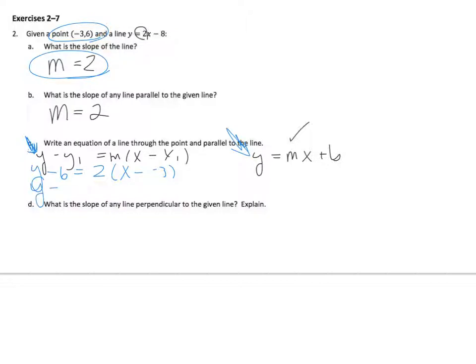We get y minus 6 equals 2x plus 6. I'm going to finish this off in standard form, ax plus by equals c. Continuing right down here, I get, subtract 6 from both sides, negative 12. Subtract y from both sides.